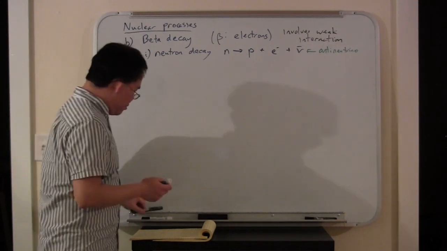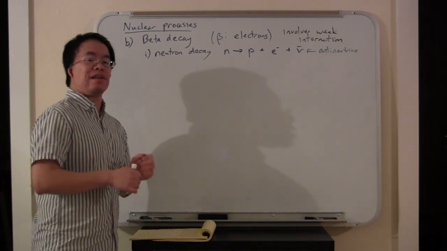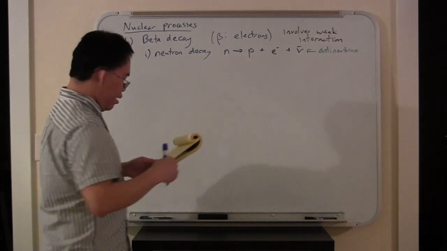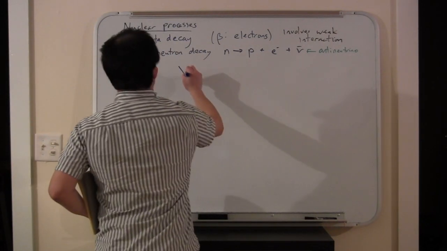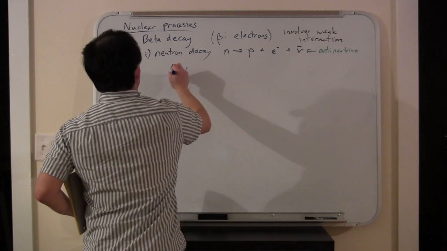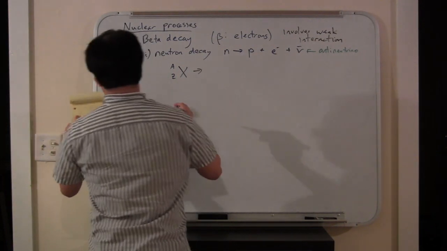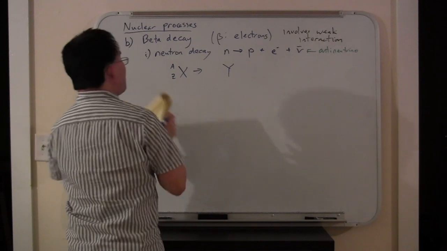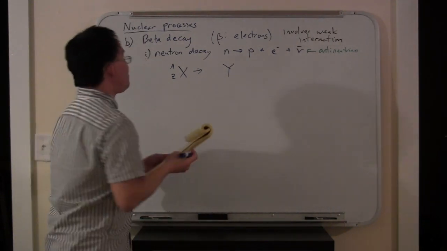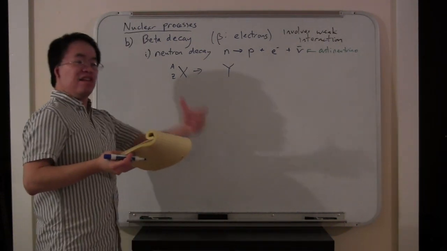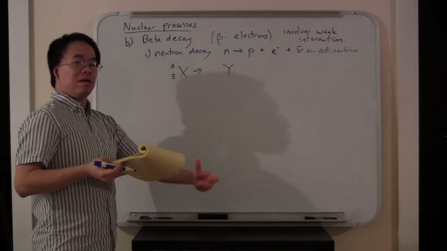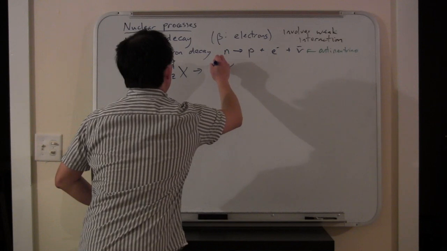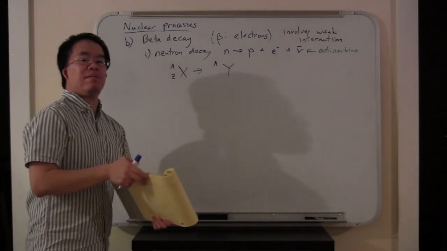To write this particular beta decay out in full with actual nuclei, we can write this generically with the parent going to the daughter. Because we are changing a neutron to a proton, we're not changing the total number of nucleons, so the mass number stays the same.